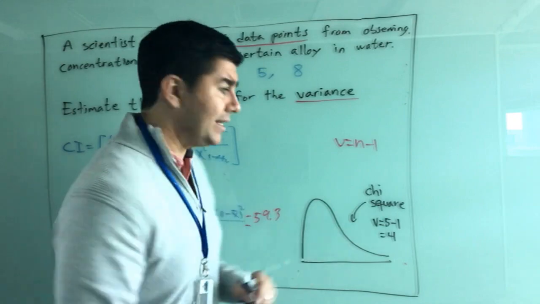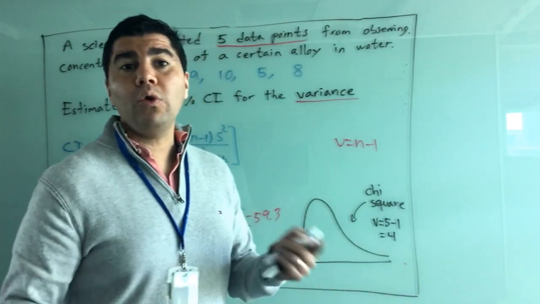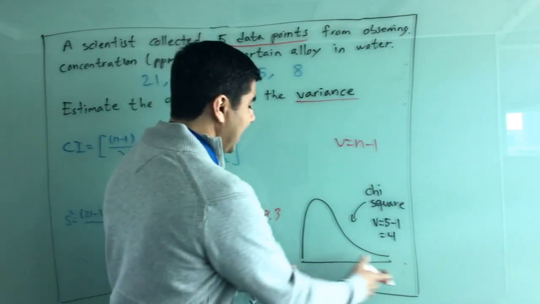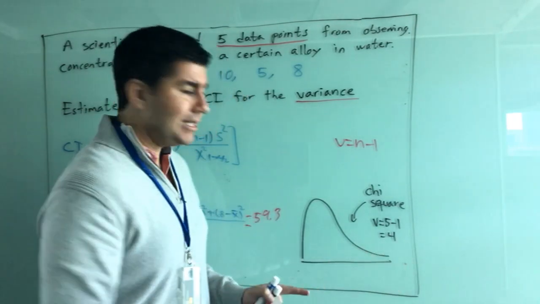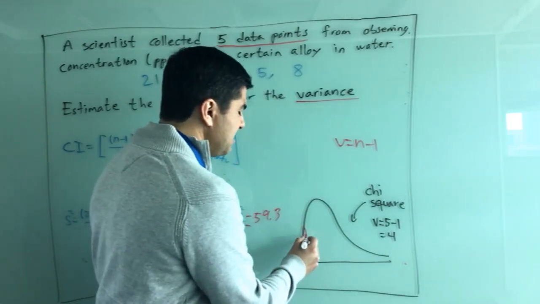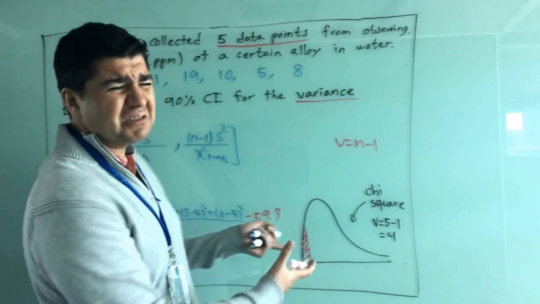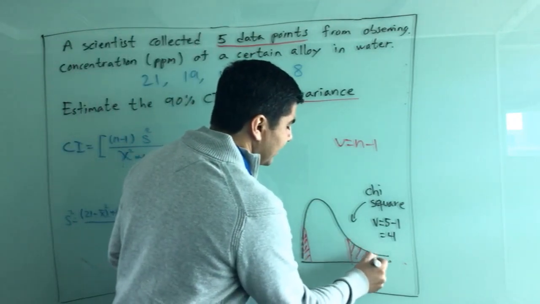What we're going to do then is to search, and please be aware that this is an always positive distribution. We have just positive numbers on this x-axis. It means that we're going to try to find a probability on the left tail and another probability on the right tail.